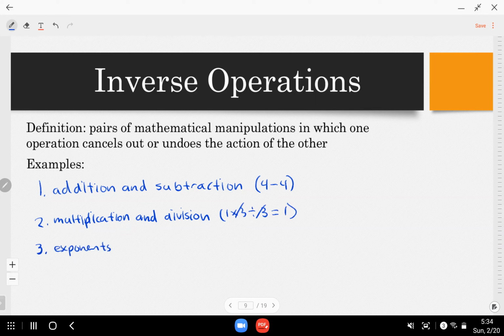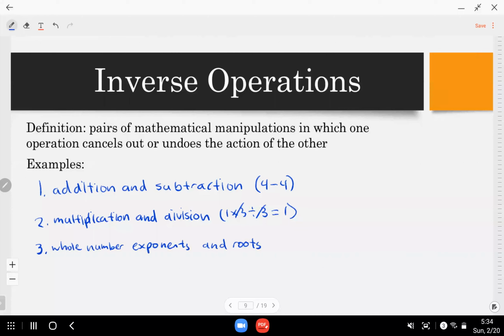Okay, how about we say whole number exponents and roots. Because if you have a to the 1/2, it's going to be equal to the square root of a. But we're not going to talk about that because we're not learning about roots that soon.